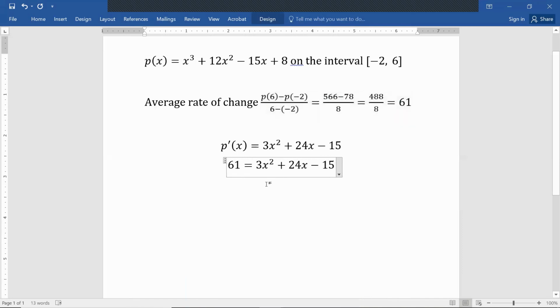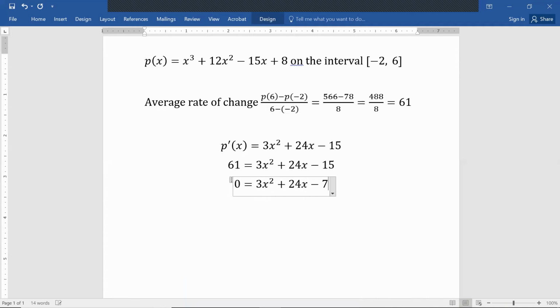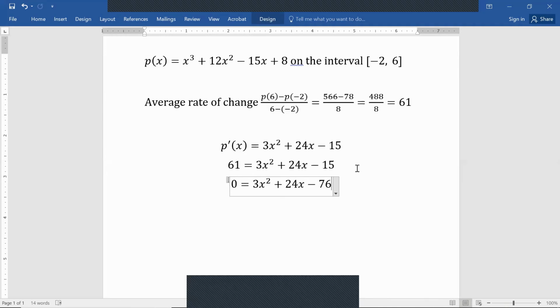And this is a quadratic equation which I can solve for x. Let's go ahead and subtract 61 from both sides. I end up with 3x squared plus 24x minus 76.